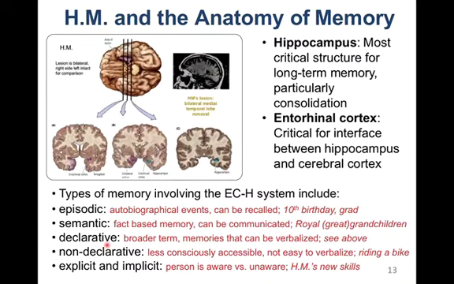Declarative is more of a general term, and these are memories that you could tell me about. You could verbalize them. So both episodic and semantic memories could also be declarative. Non-declarative are memories that are less consciously accessible and not so easy to verbalize.